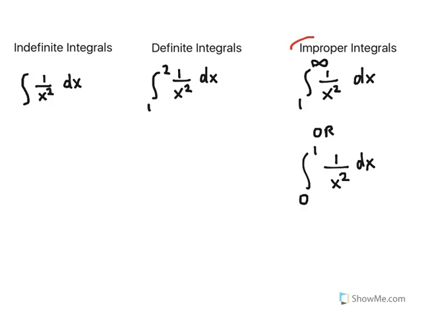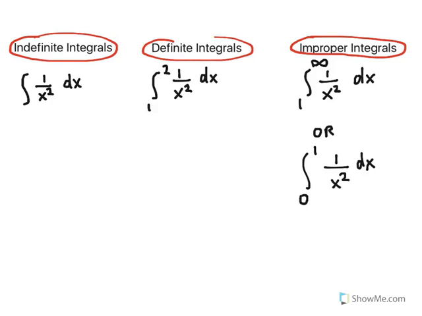Before we start talking about improper integrals, we've learned about two other types of integrals in calculus: indefinite integrals and definite integrals. If you have an indefinite integral, there are no limits of integration, and what you're looking for is a family of antiderivatives for the integrand.